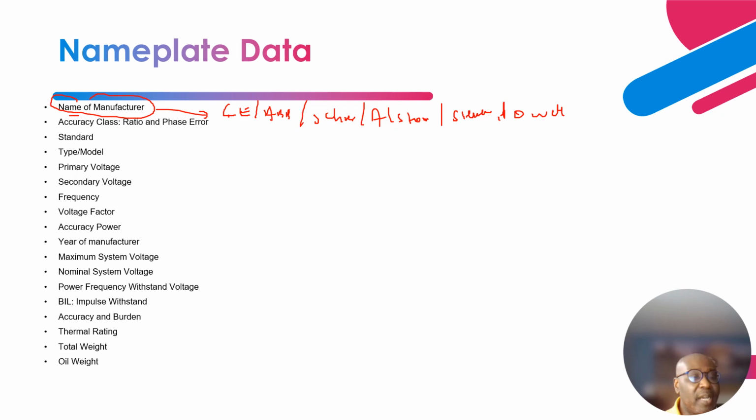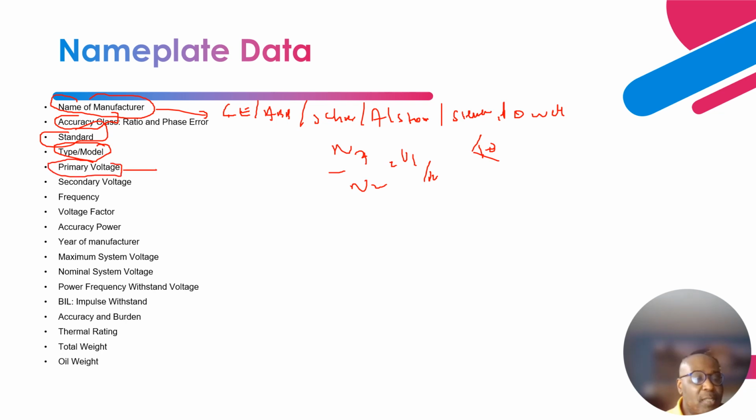So the next one is accuracy class, right? So the accuracy class is based on the ratio error, N1/N2 is equal to V1/V2, and the phase error between the primary and the secondary. Okay, so the phase error has to be within the setting. Then the standard that was used for the manufacturing, and the type and the model of the VT order. And then the primary voltage.